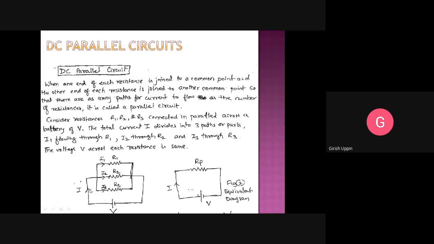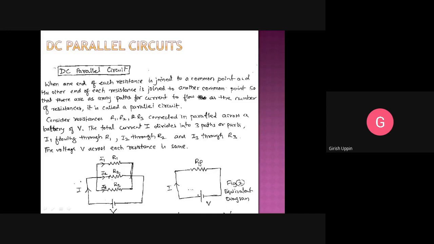Now, this is circuit 1. Whatever the circuit we have shown, that is how we get I by V is equal to 1 by R1 plus 1 by R2 plus 1 by R3. Let us consider one resistor. If I include that resistor, the same amount of current will flow. That resistor is called the equivalent resistor.